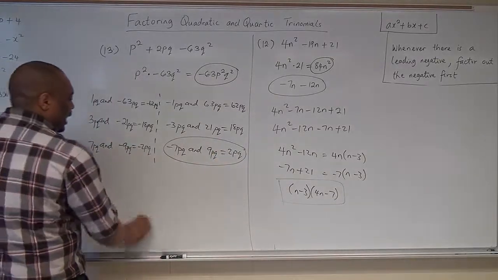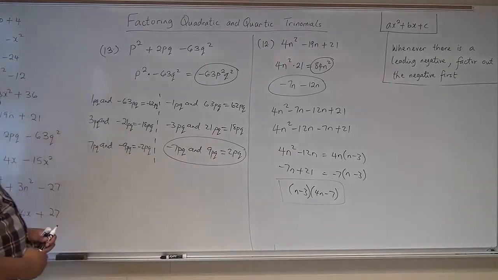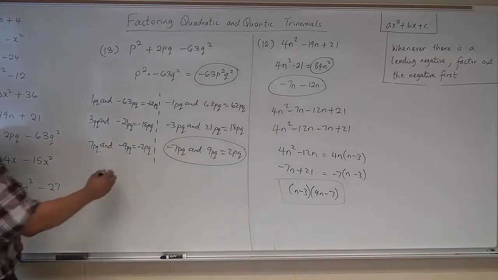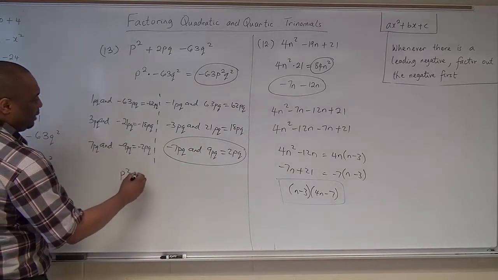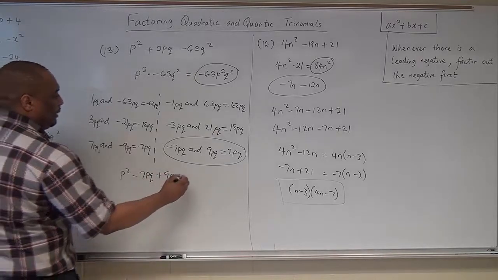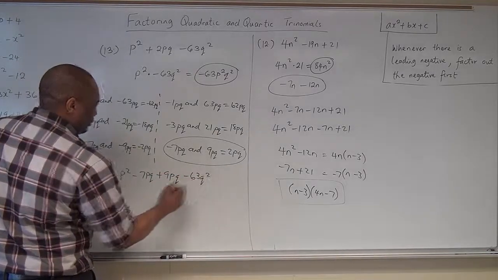And in this case, we can prevent a leading negative by just using it like that. This is p squared minus 7pq plus 9pq minus 63q squared.